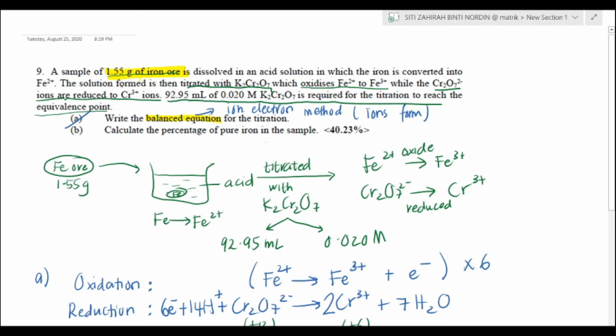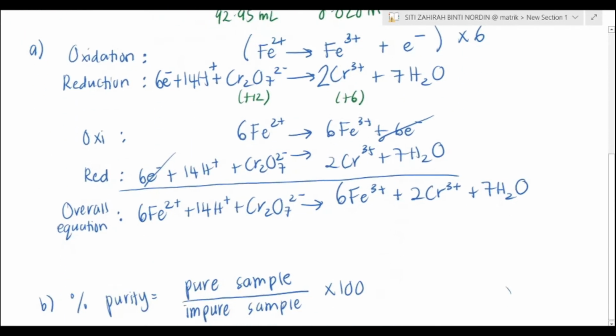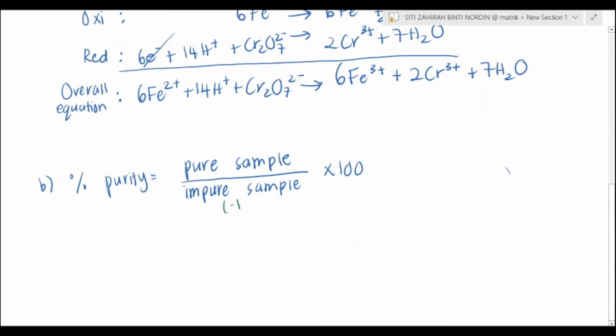This would be your impure sample. This is iron ore, you just extract it from the ground, so it's still impure, right? So now you need to find the pure sample first.